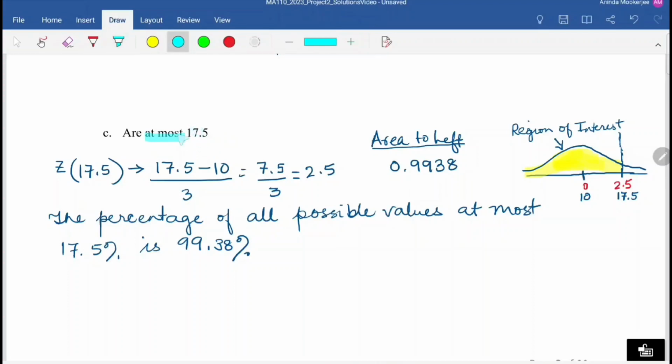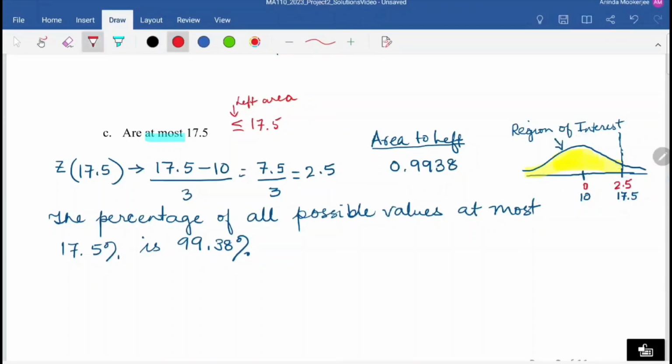So at most means less or equal to 17.5. And whenever we have less than, that means our region of interest is left side area. For these questions, you have to know what at least and at most translate to. At least means it's greater than a certain value. At most means it would be less or equal to a certain value.